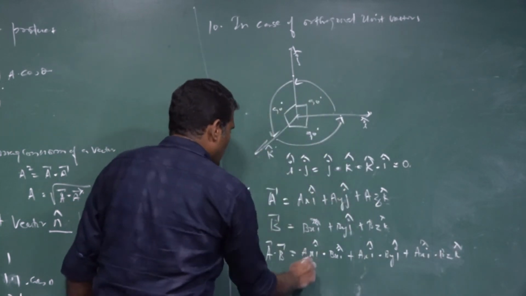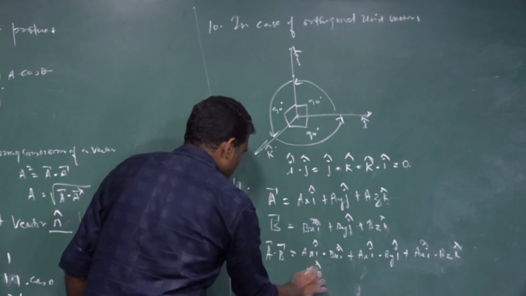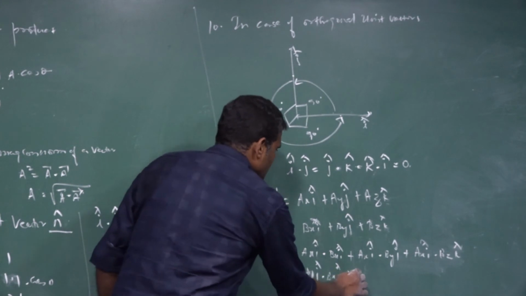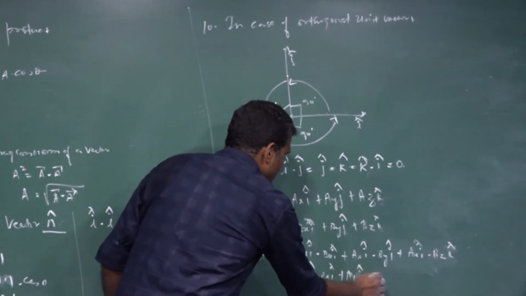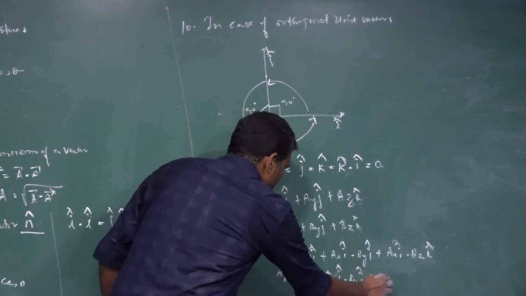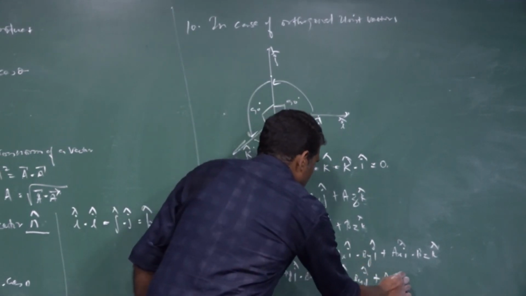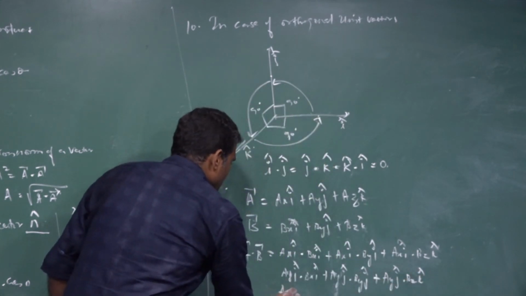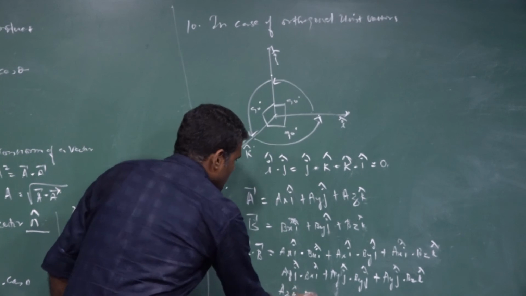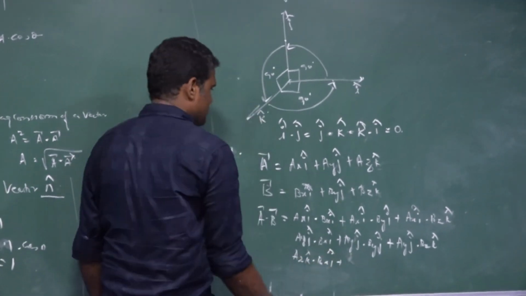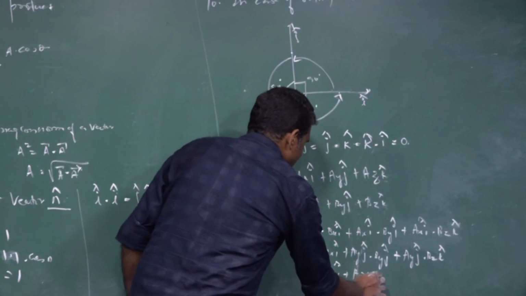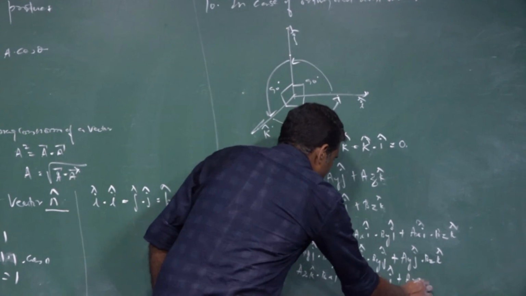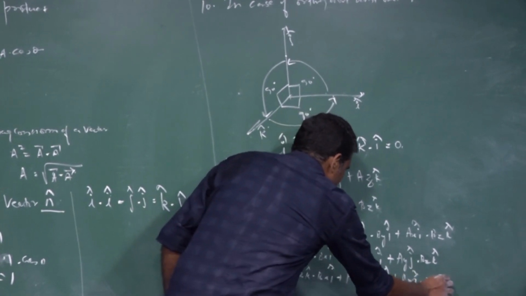Similarly, for ay j cap dot bx i cap plus ay j cap dot by j cap plus ay j cap dot bz k cap, and then az k cap dot bx i cap plus az k cap dot by j cap plus az k cap dot bz k cap.